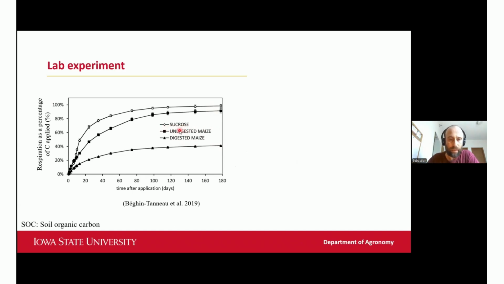But let's look at the treatments of the undigested and the digested maize. The digested maize is this line with the triangles, and the undigested maize is the line with the squares. And this y-axis is the respiration as a percentage of the carbon applied.